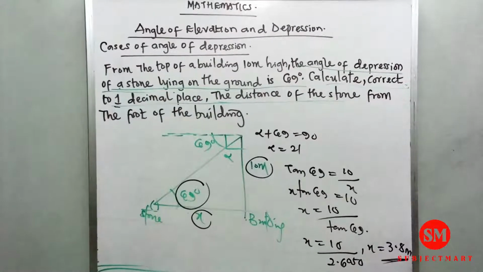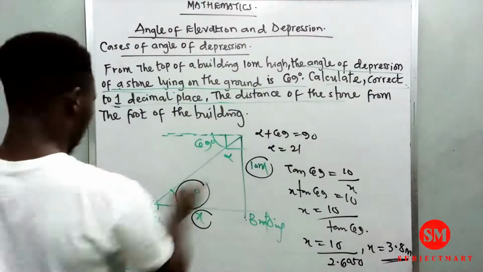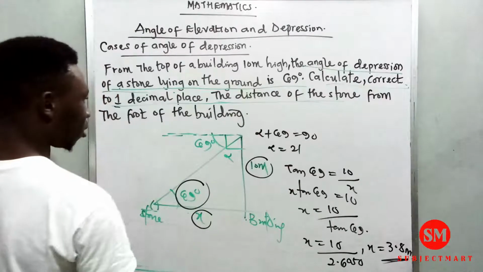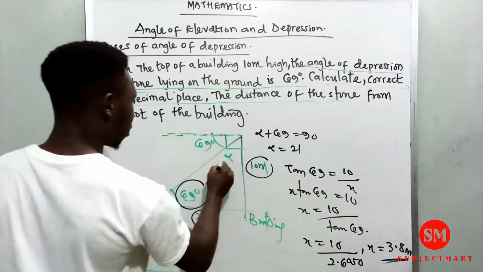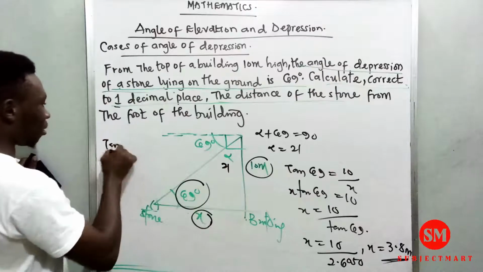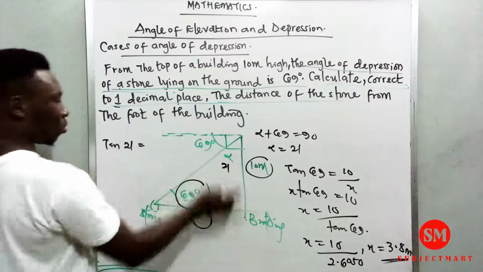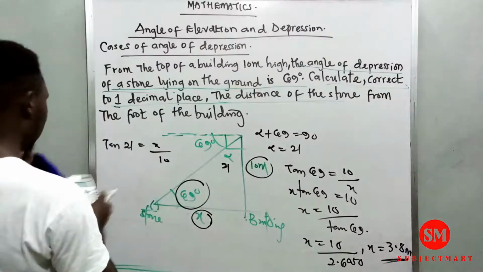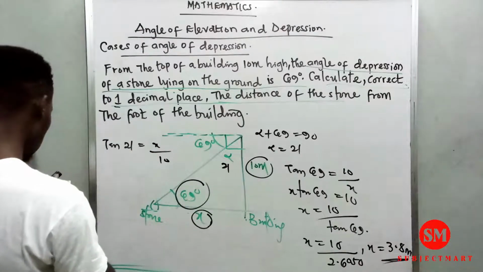Now, I said we're going to solve it simultaneously with this angle here. Don't forget that this internal angle here is 21. So solving with this, we are using this relation: tan 21 is equal to x over 10. Now what is my tan 21?